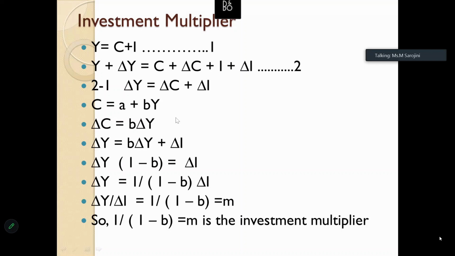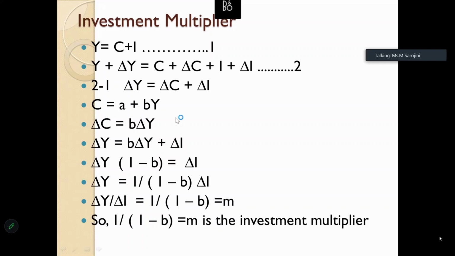Once we add government expenditure, there are some changes. Once we add taxes, again there are some changes, and the tax function also determines the investment multiplier. Those things we will see in the three-sector model, or the government sector model.